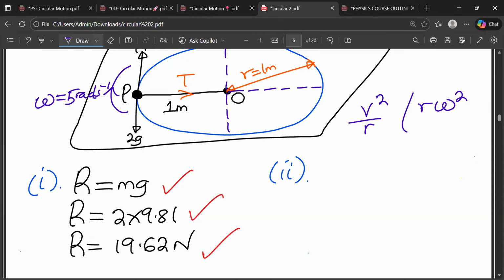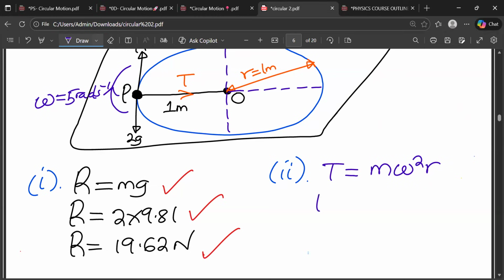Regarding what I have, I don't have V, but I have angular velocity. So I'll use the other formula that has R omega squared. I just come and state the formula. My T is M omega squared R. Then I substitute.